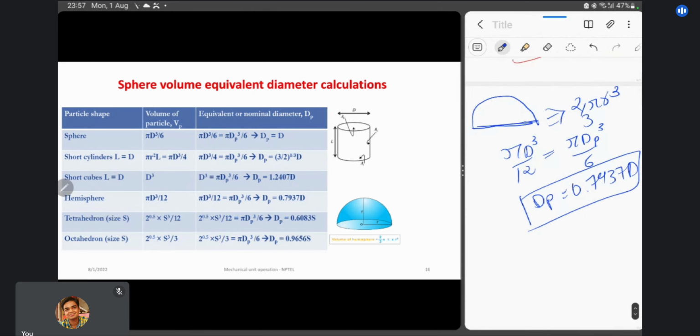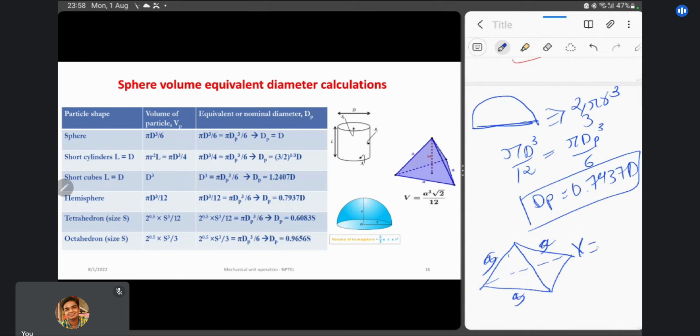Then if you talk about the tetrahedron and octahedron, there is one question in the assignment which is based on them. I will not give you the answer to any particular question, but you can consider the tetrahedron as a prism kind of shape where all the sides are equal to A, or you can say S. What is the volume?